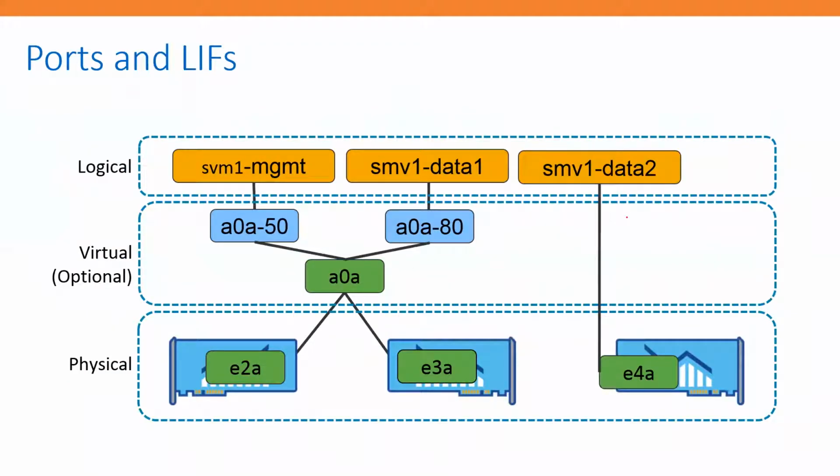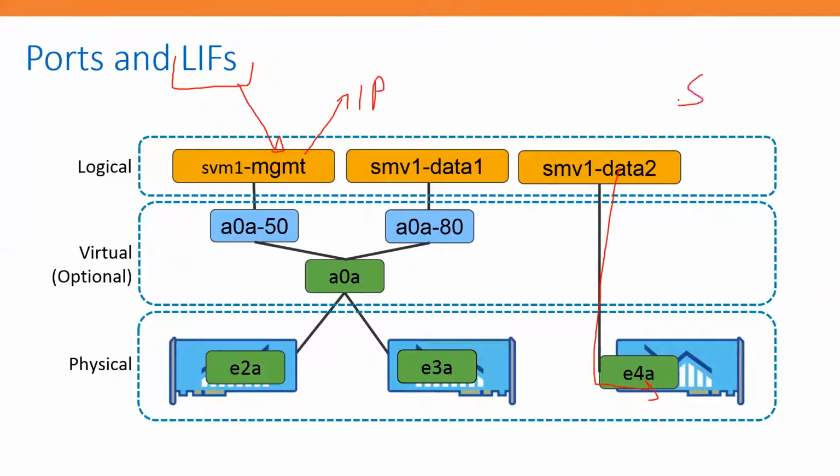Now, this is what I was talking about: if you have decided that you are planning to have multiple SVMs, which will serve data to multiple clients, the next challenge would be, how can I give a virtual IP? Remember that a virtual IP is called a logical interface, and you will give it a name associated with a virtual IP, but that LIF has to point to some physical port.